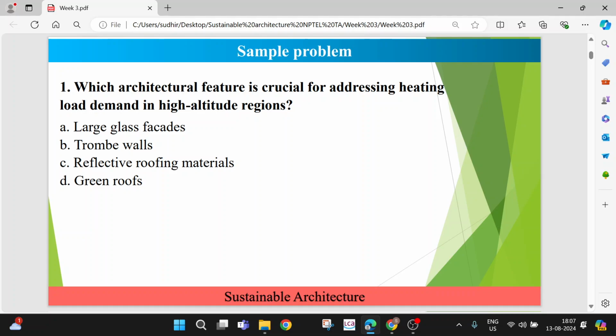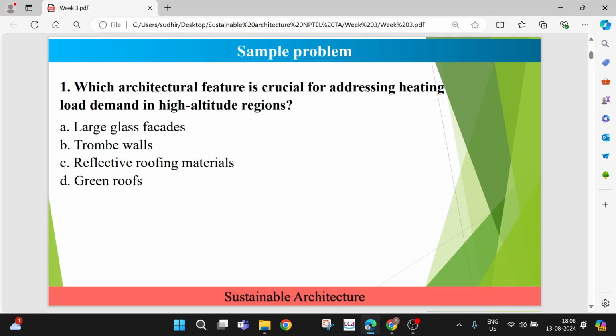In the Trombe wall, apart from the wall, there is also glazing in front of it, which traps the solar energy, thus providing warmth and reducing the need for additional heating systems.